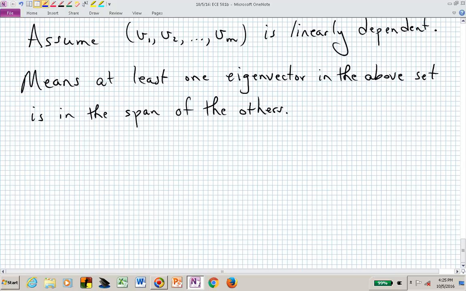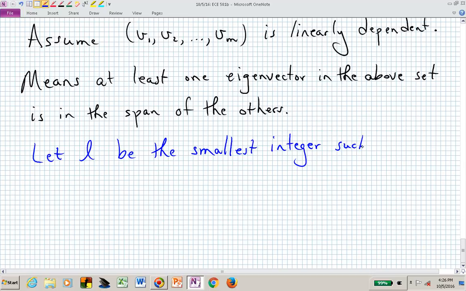Now let me get a little bit creative with how I represent that. Let's let this integer L be the smallest integer such that v sub L is actually in the span of v1, v2, up to v sub L minus 1.